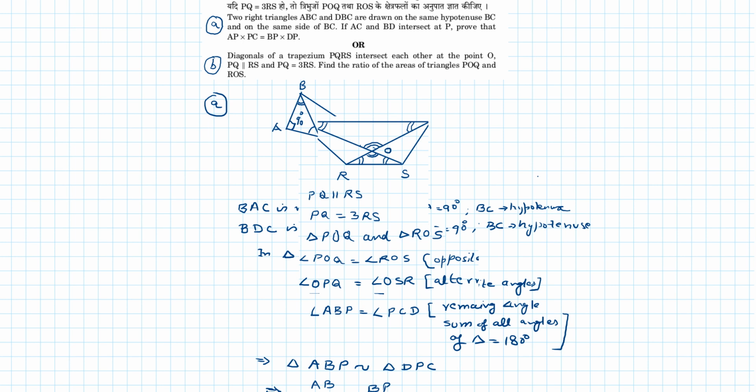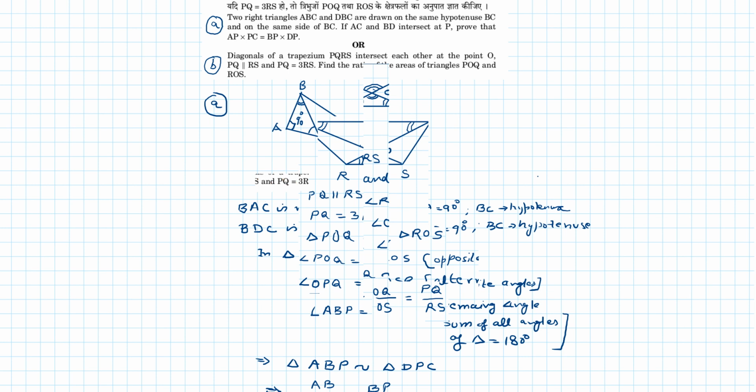So basically these two triangles, this one and this one, are similar triangles. So PO upon RO is equal to OQ upon OS is equal to PQ upon RS is equal to 3, which is given to us here.